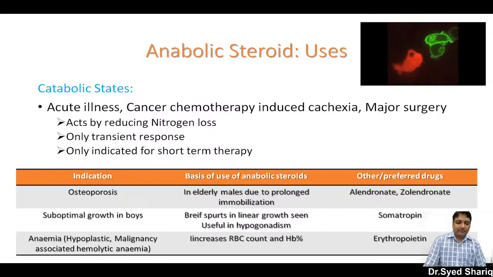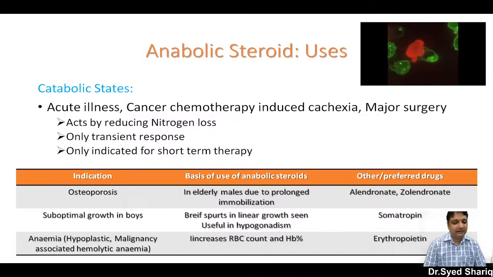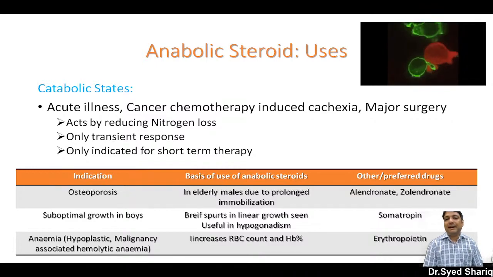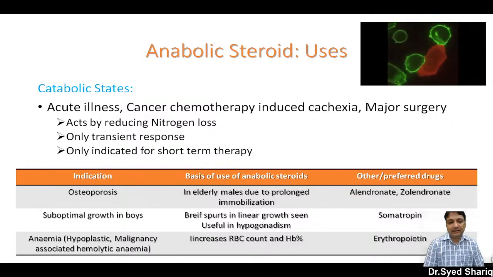Then anemia of malignancy, hemolytic anemia or hypoplasia. In all these conditions, an increase in RBC count and hemoglobin can be seen after use of these anabolic steroids. Although erythropoietin is a better preferred drug in these patients.